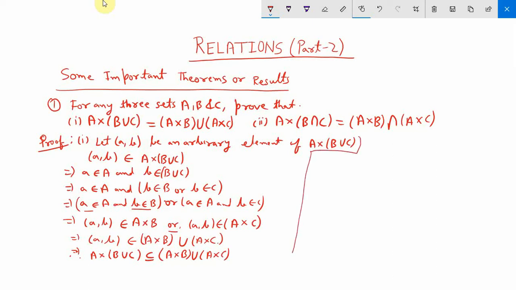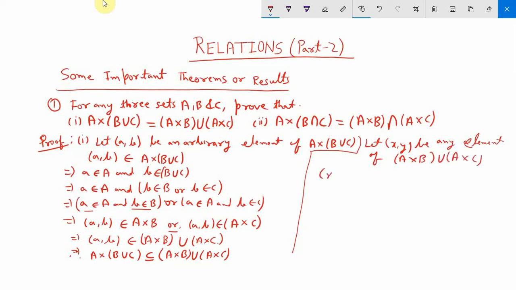So what we will do, we will take any arbitrary element of (A cross B) union (A cross C). So let (x, y) be any element of (A cross B) union (A cross C).